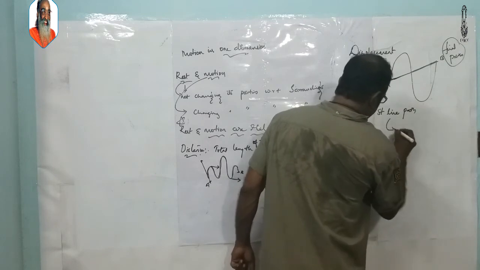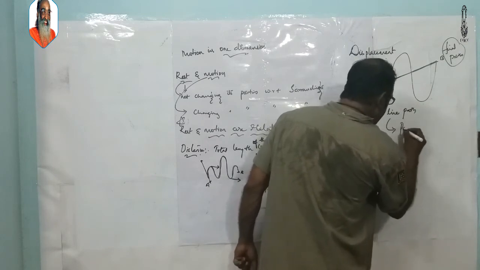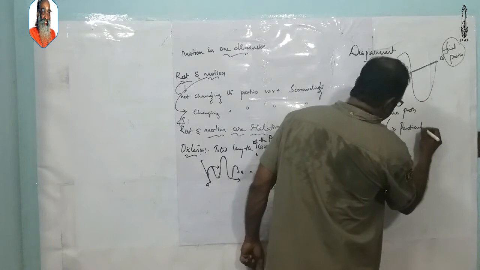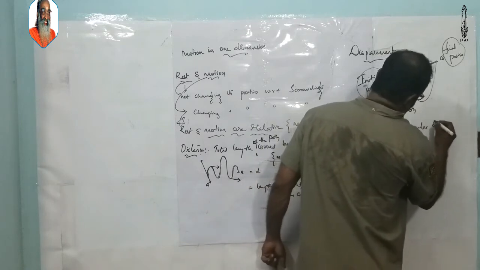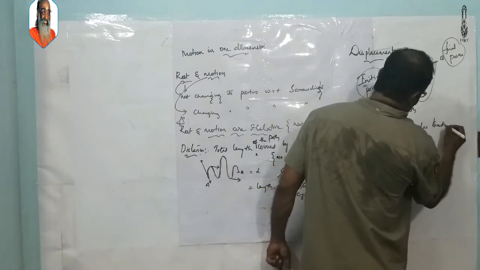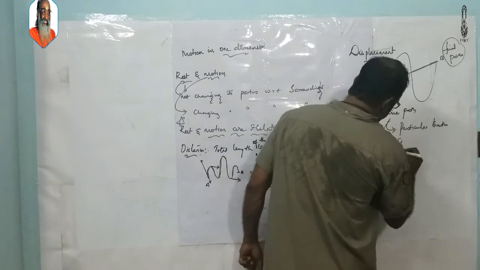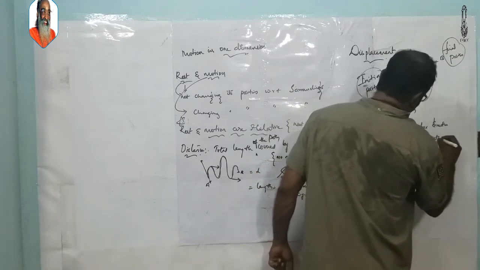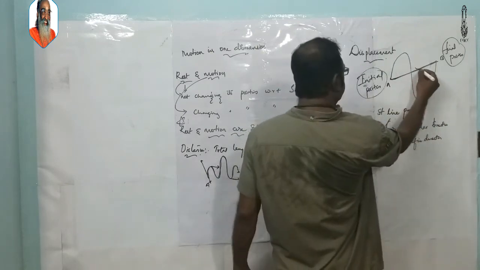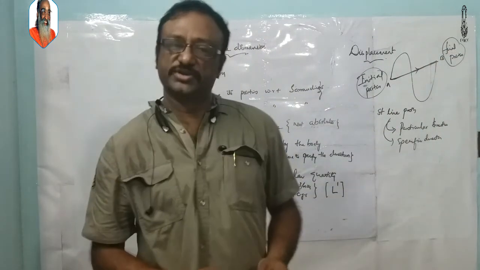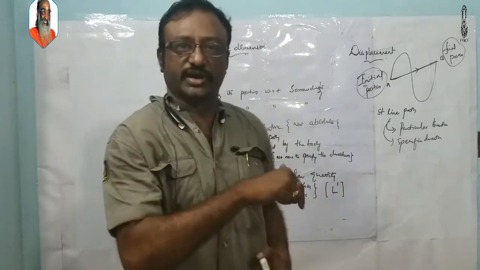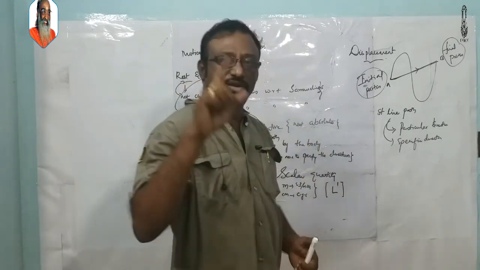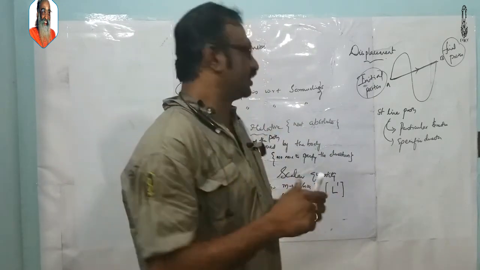So if we draw a straight line path, this shows that the body is moving in a particular direction, or in a specific direction. Okay, so this is the only direction here. That means when you are talking about the displacement, you are considering the direction.